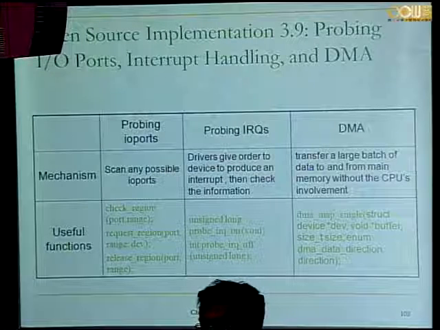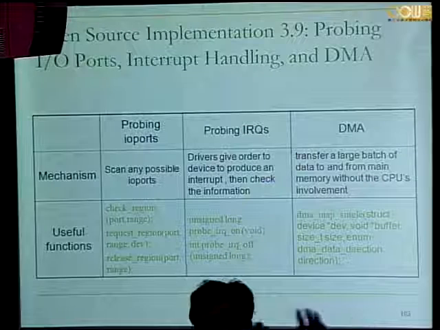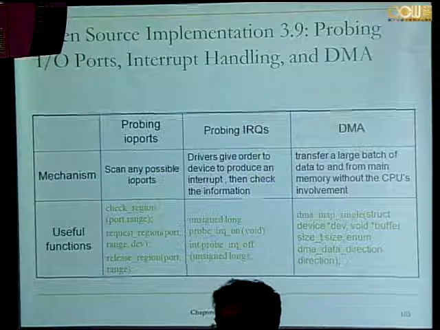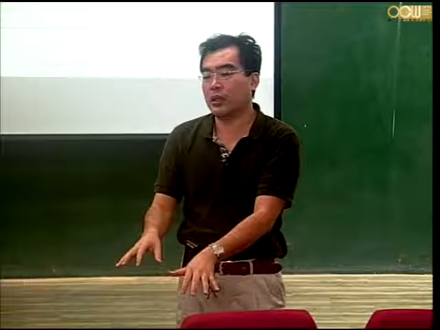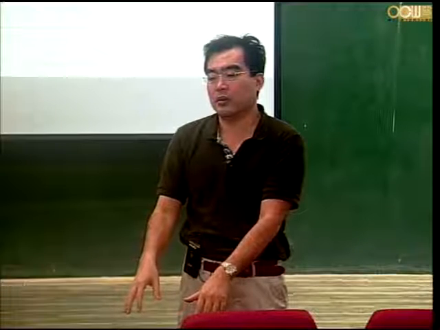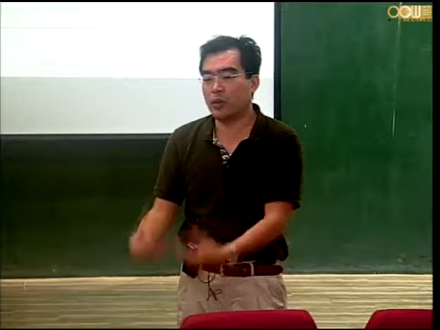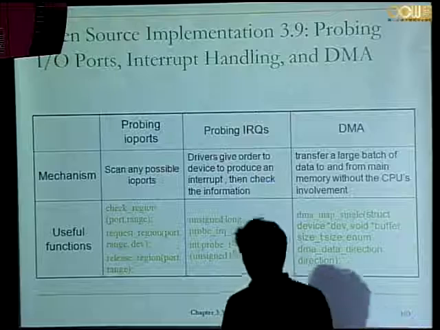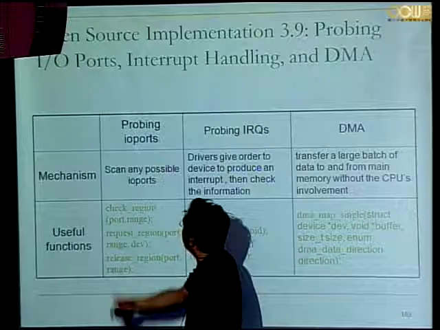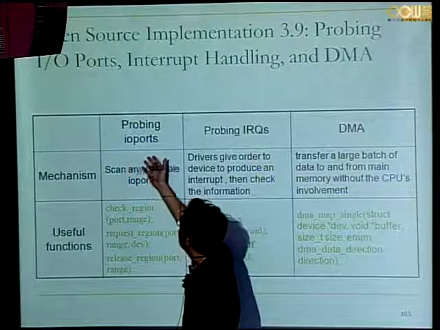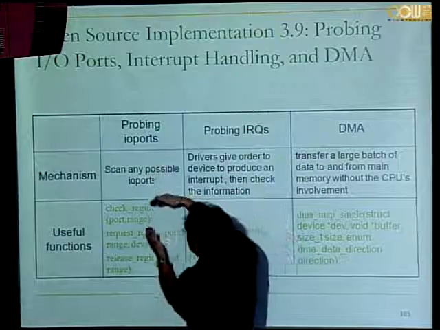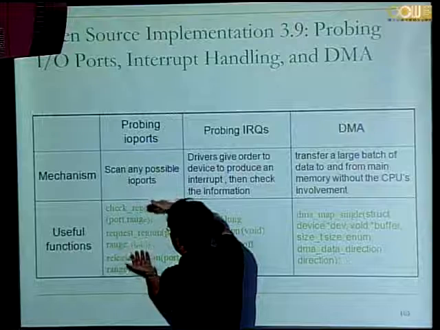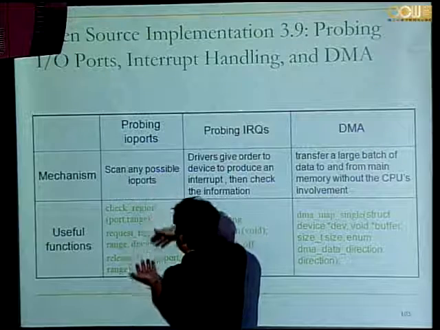It's different. On the CPU, you have the program counter and other registers. On the device, you also have registers, and those registers are the interface between the hardware and the driver. Those registers are mapped to I/O ports. So here, you are actually requesting the I/O port.